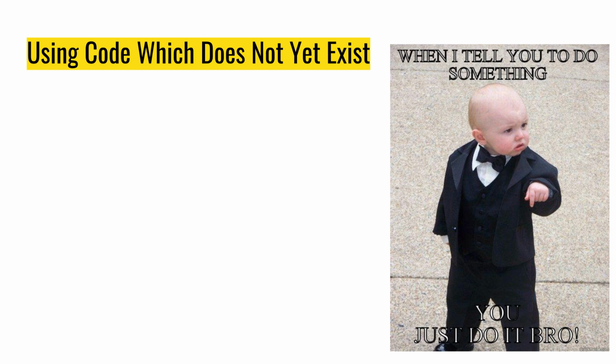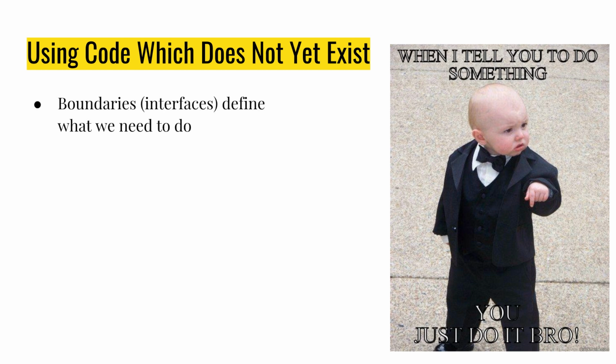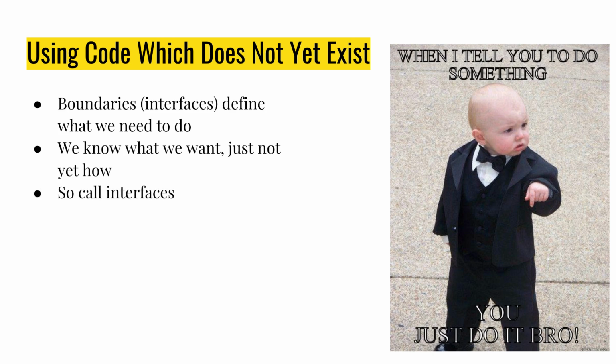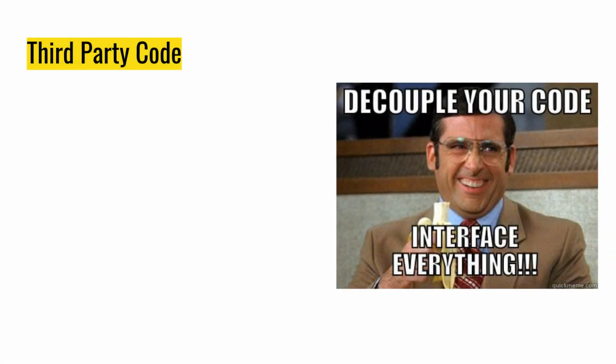A test-first approach. So boundaries, interfaces, define what we need to do. We know what we want, but we do not yet know how it will be done, and that's fine. We call interfaces. So everything that has behavior should be put under an interface.